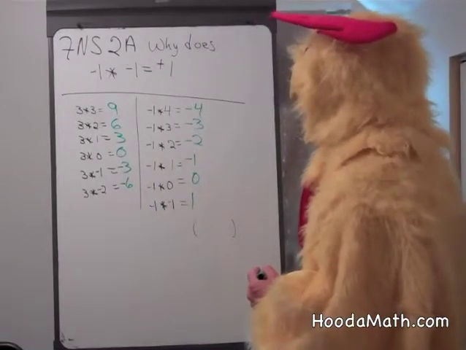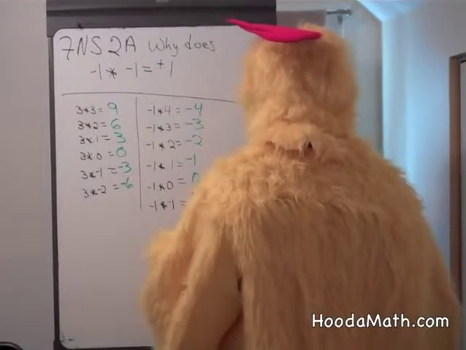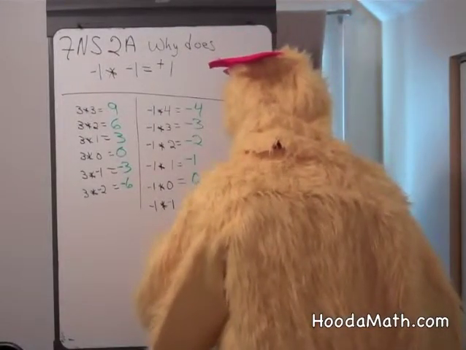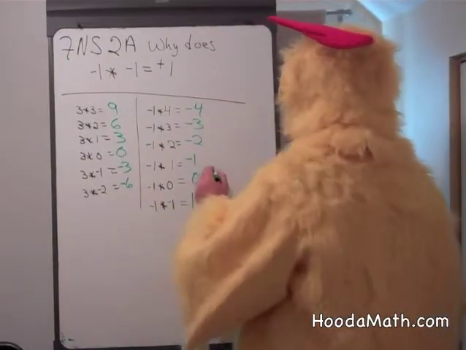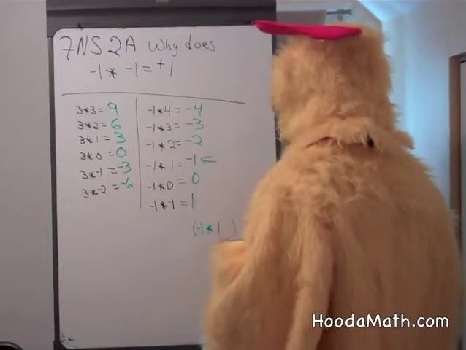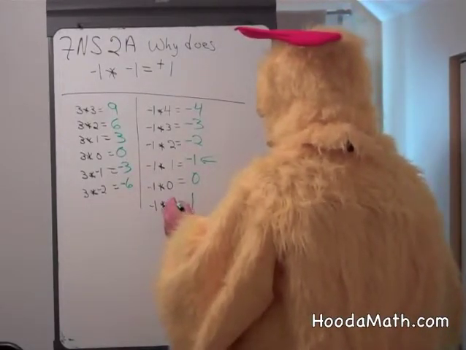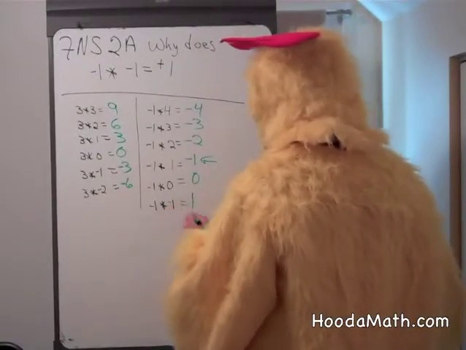Another thing we can think of is we know that -1 times 1 equals -1, right here. -1 times 1. But the opposite of 1 is -1.